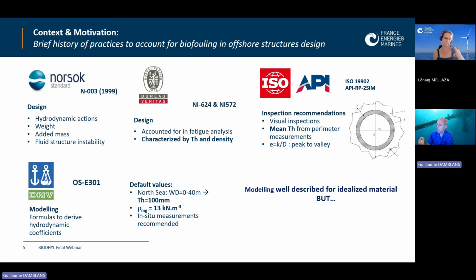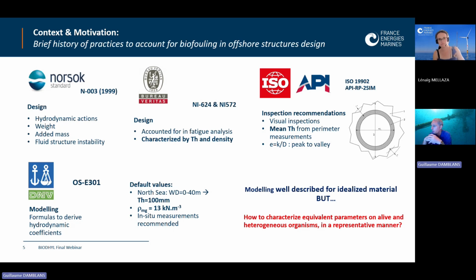To date, the modeling assumptions and the way to make calculations by modeling the biofouling are quite well described. But the question here, and this is the philosophy of our investigation, is how can we characterize live species to provide these equivalent parameters which are required for calculation.